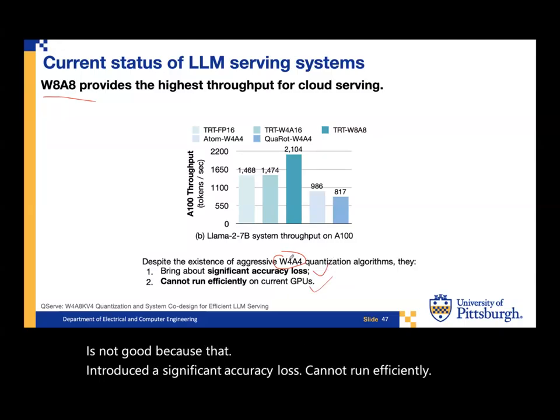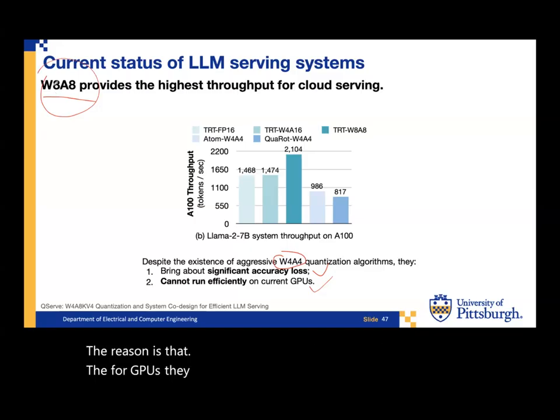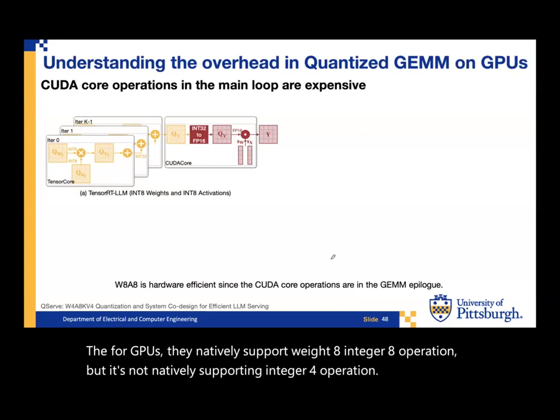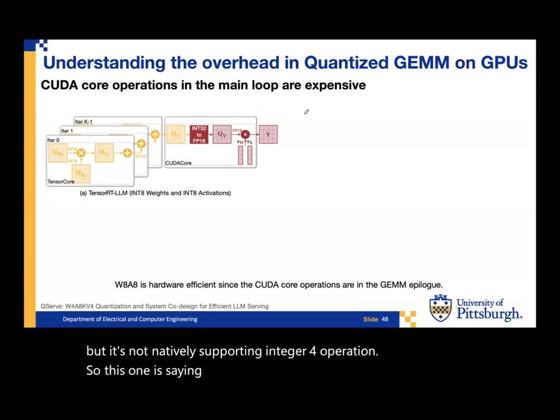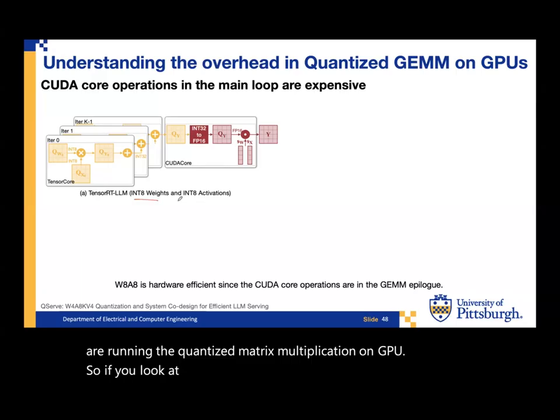The reason is that GPUs natively support integer 8 operation, but they do not natively support integer 4 operation. So this one is trying to understand the overhead when you are running the quantized matrix multiplication on GPU.